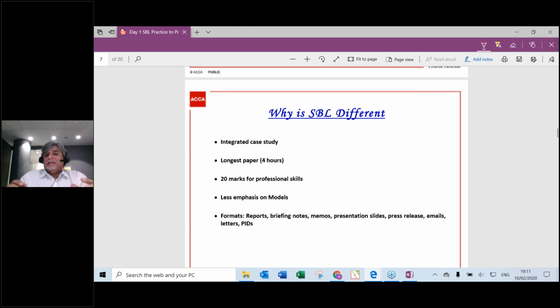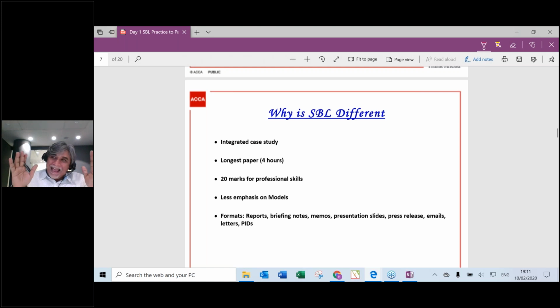Number one, it's got an integrated case study, which means that there will be one big case and all the questions will be coming out from that one case. So in case you are not able to understand the case, you are in for trouble.